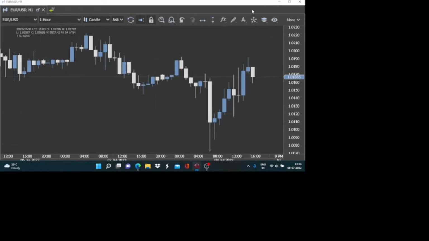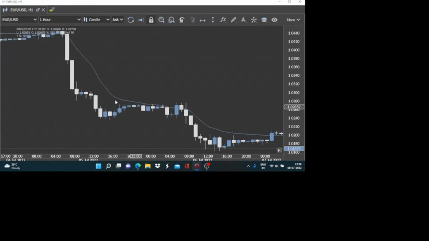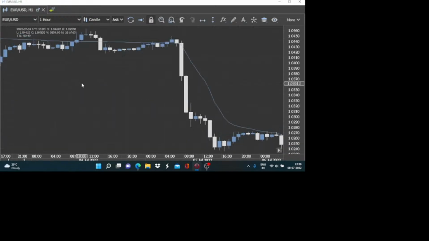Otherwise you can do a quick search directly, and there also you can find it listed just below the Kaufman's efficiency ratio.